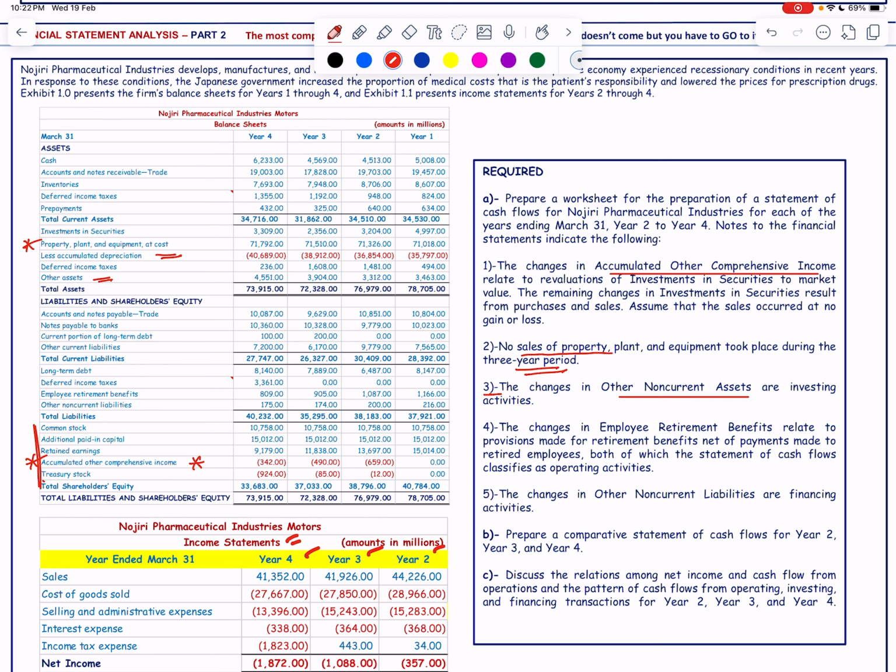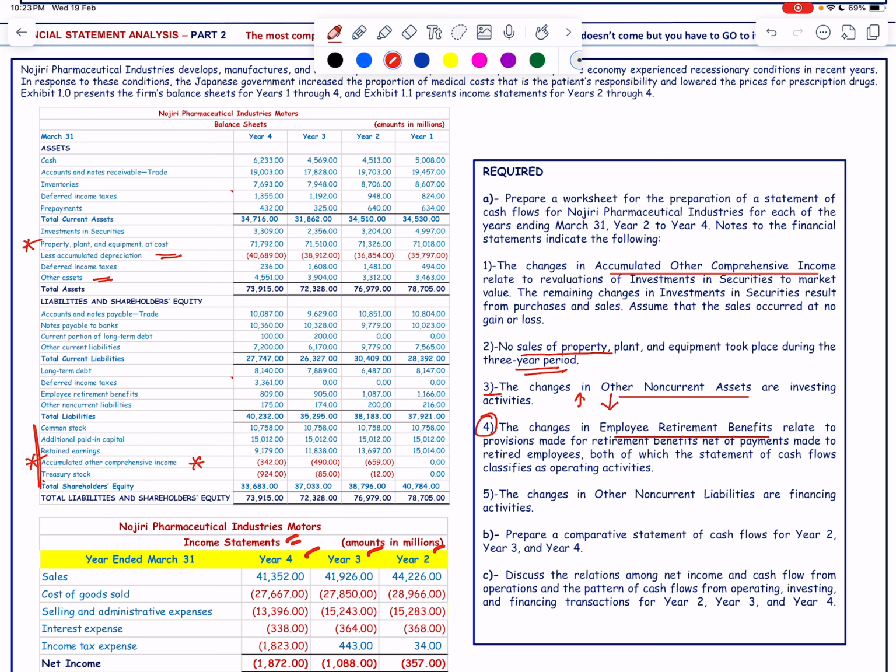So an increase in other non-current assets is a cash outflow in investing activities, and a decrease in the other non-current assets is a cash inflow in investing activities. Non-cash changes are excluded from the cash flow statement, and this treatment ensures that the cash flow statement accurately reflects the cash movements related to long-term investments or other non-current assets.